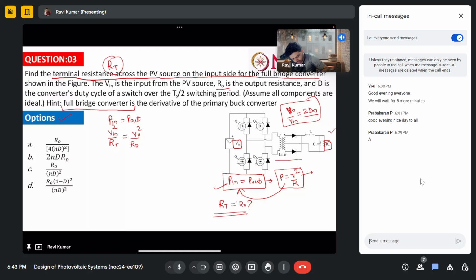Then we need to find out RT, so we can write RT by R naught equals V input divided by V naught, whole square.